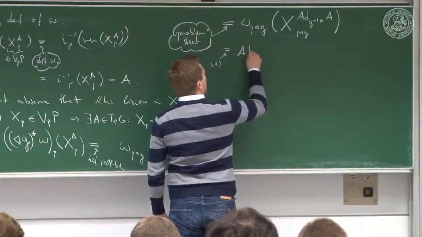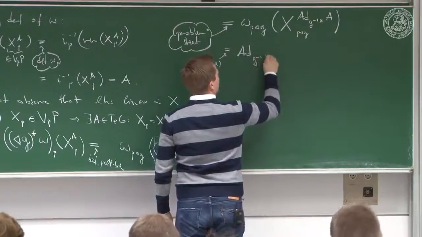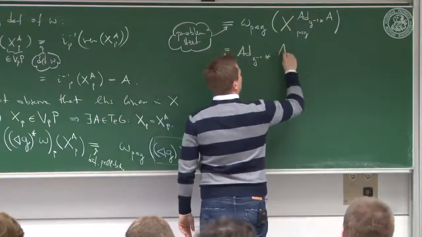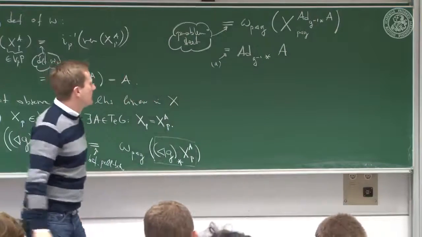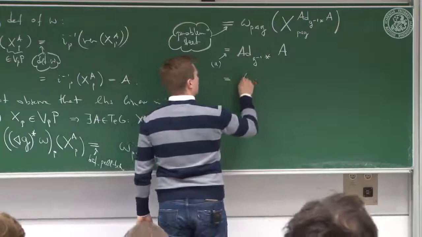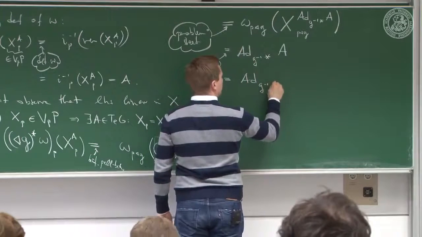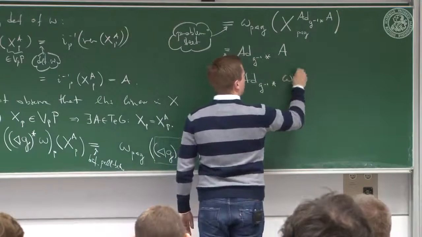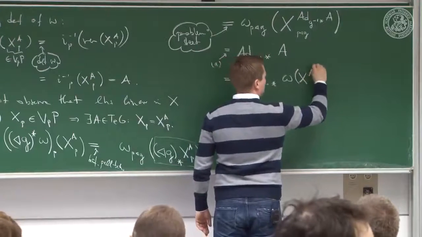So this is actually Ad G inverse push forward acting on A. Now we can massage this a little, and we can write this Ad G inverse push forward of omega of XA.